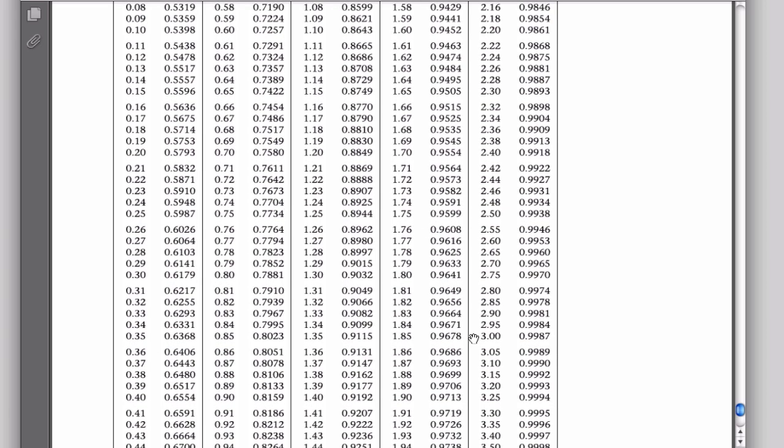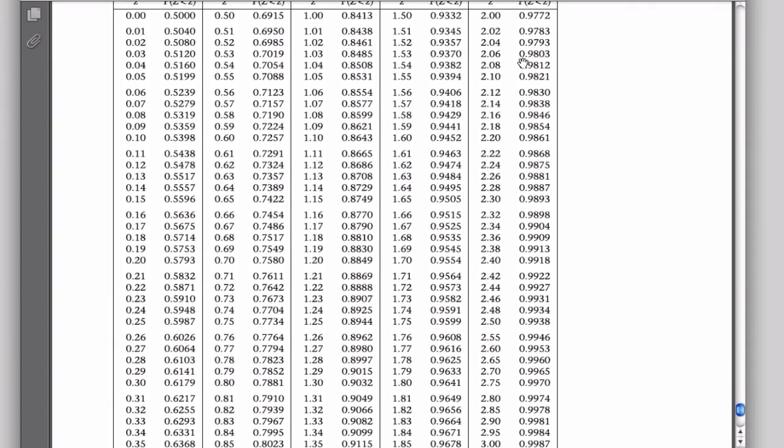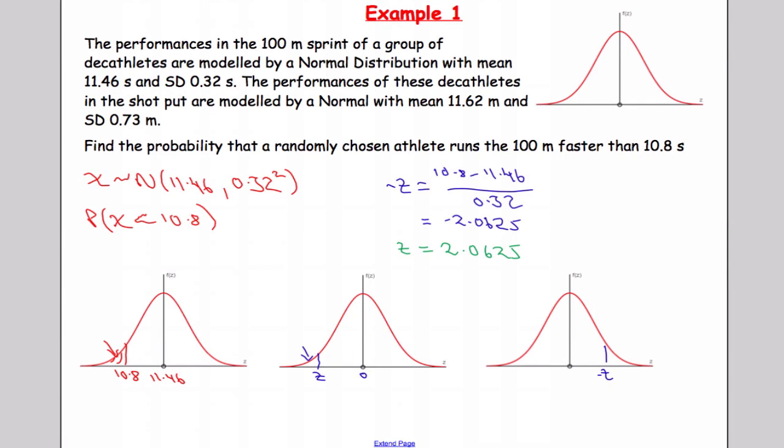So let's go to the closest value. In this case, 2.06 will do, which is up here. 2.06 is 0.9803.